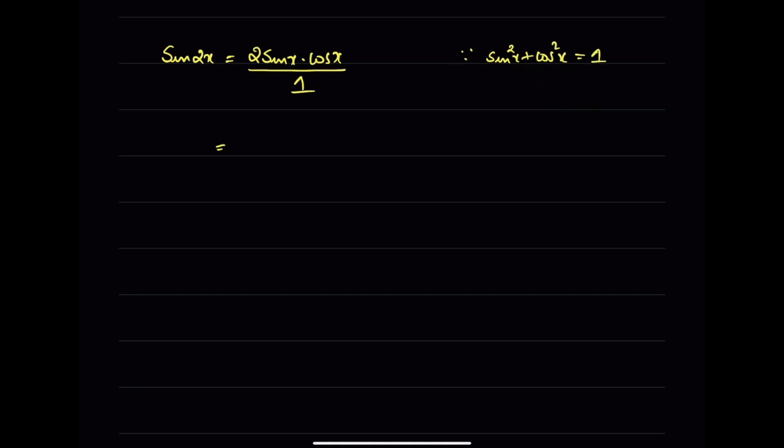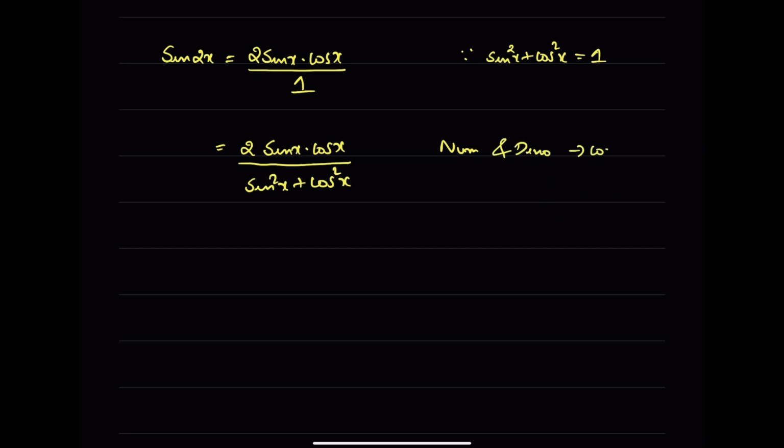So here we can change this to 2 sine x cos x divided by sine square x plus cos square x.